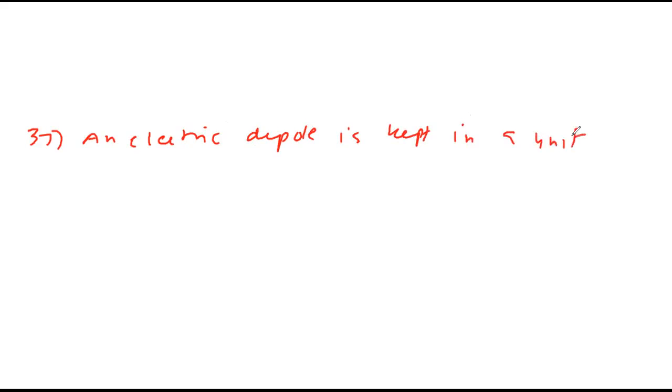Next question number 37. An electric dipole is kept in a uniform electric field.